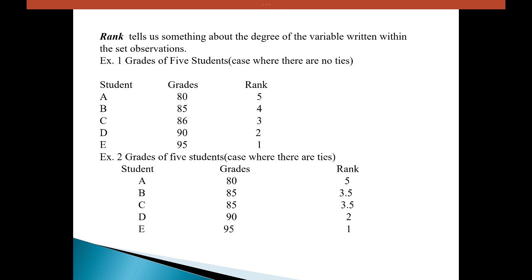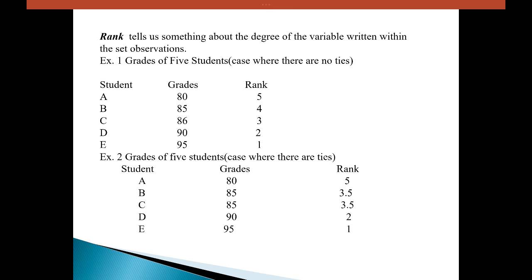In this case, student B and student C have the same rank. The two of them will occupy rank 3 and rank 4. However, since they are tied, we need to make sure that their ranks are the same. So they will share rank 3 and rank 4.